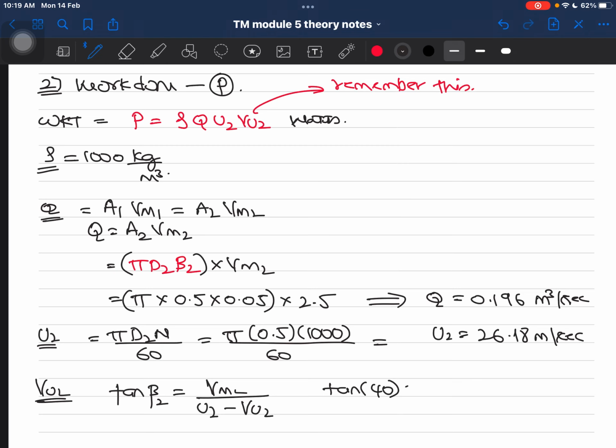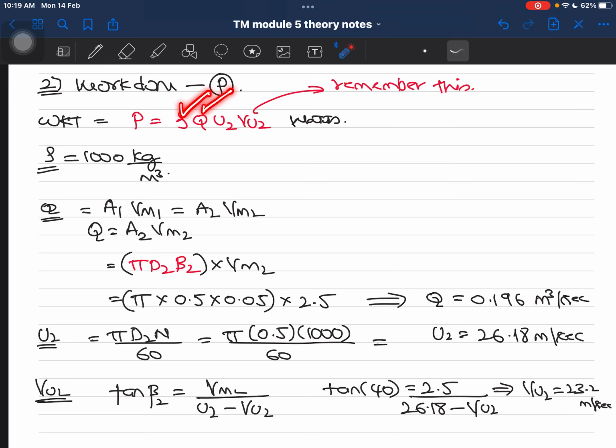It would be tan of 40 equal to 2.5 divided by 26.18, which you just calculated, minus VU2. So from this you can get the value of VU2 as 23.2 meters per second.